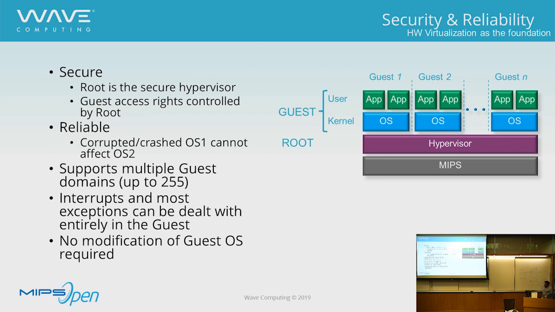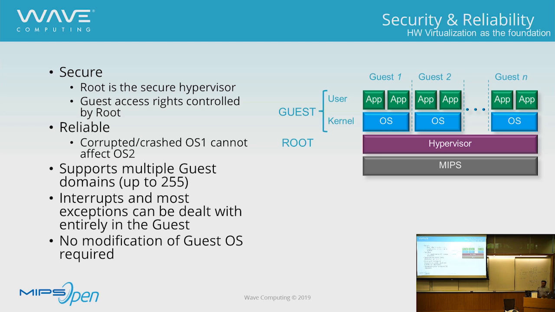So you could clearly create environments that can also be secured. In this case, again, we're showing that there are multiple OSs running. Root can be a secure hypervisor. You could design your system so that you make sure your root context is secure, and as a result, you can count on it. It can be a chain of trust for my root of trust.